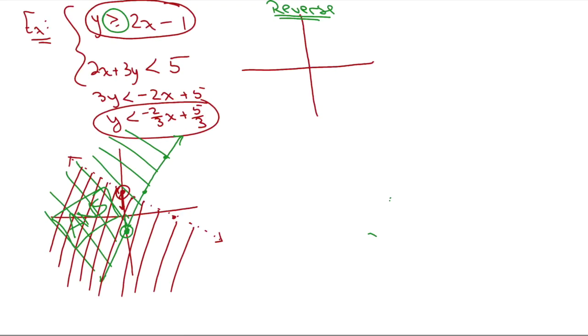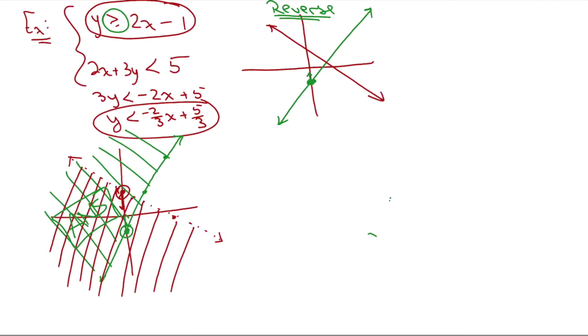So I'm going to draw the lines rather quickly. Here's the first one. Here's the second one, something like this. Initially, from the first one, we wanted to shade up, since the inequality said greater than.